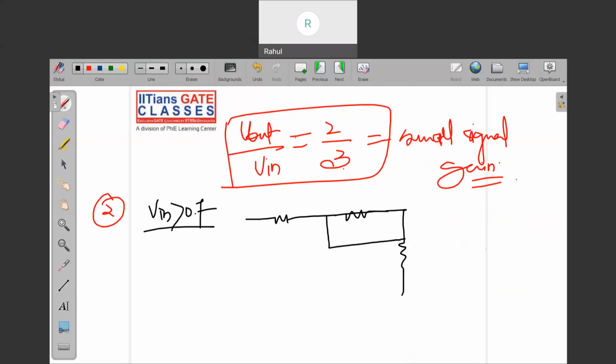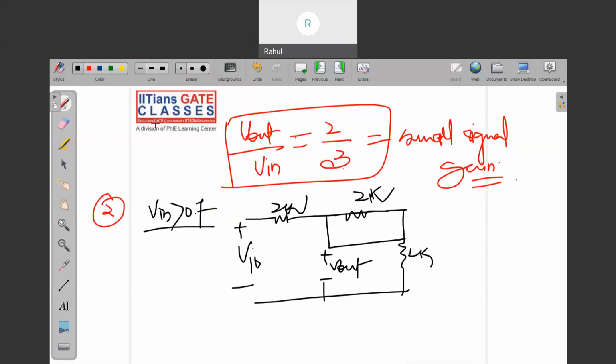This time this 2k will be short circuited, with the other 2k and 2k remaining, and plus minus. So this is how you can solve the problem. This problem was very easy in the GATE exam.